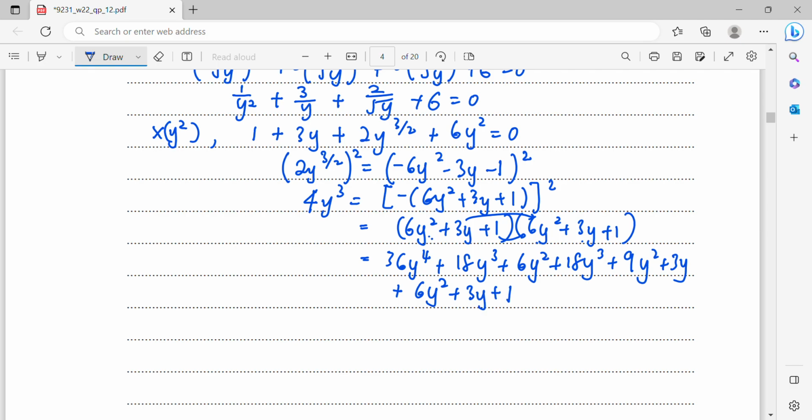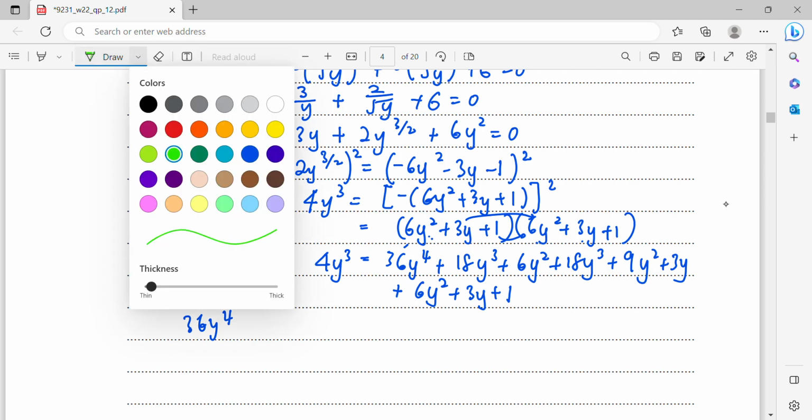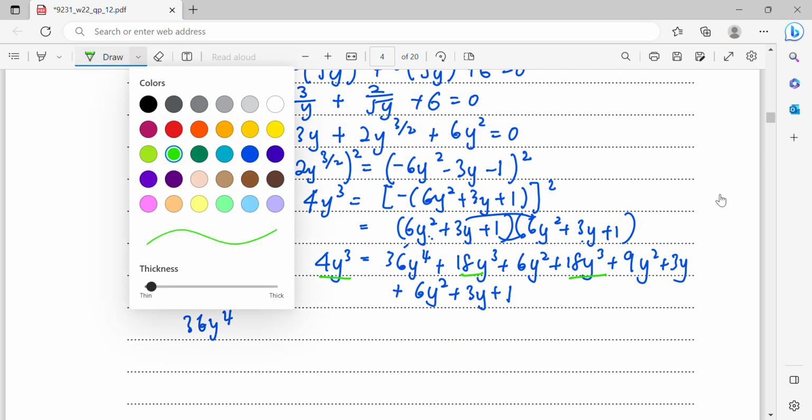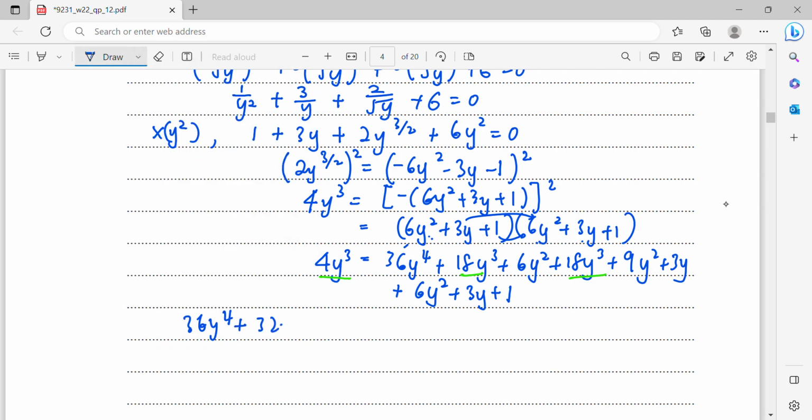Now try to simplify it. I need cubic and quartic terms. So 36y degree 4. Here is my 4y cubed. Now you can just simplify. 4y cubed when you move to the other side becomes minus, together with this 18y cubed and this 18y cubed, so at last we will be getting plus 32y cubed.